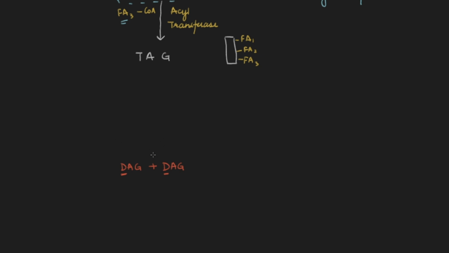So, this will get converted into triacyl glycerol with the help of an enzyme which is going to transfer one fatty acid group from either of these diacyl glycerols to the initial diacyl glycerol. And this enzyme is transacylase, which is a type of transferase.